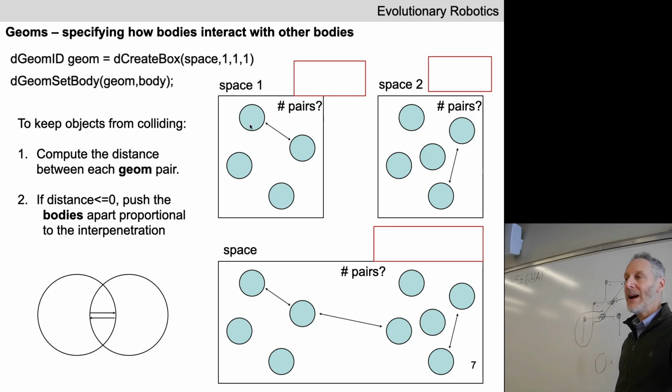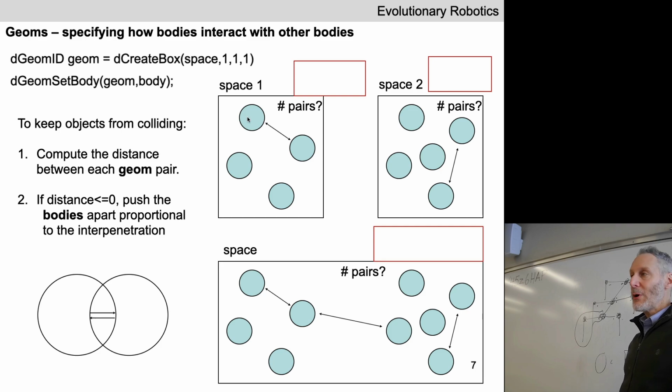How many pairwise comparisons does the physics engine need to do in this cartoon example, in space 1? 4 choose 2.